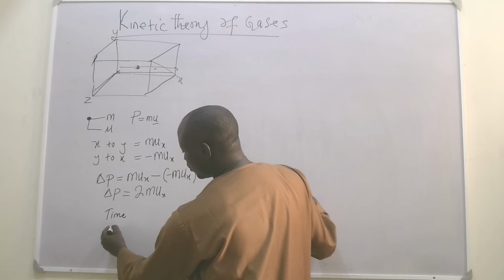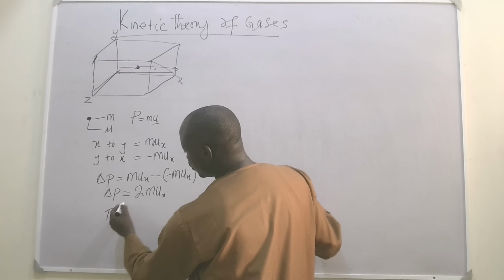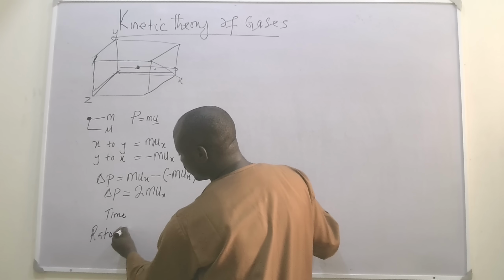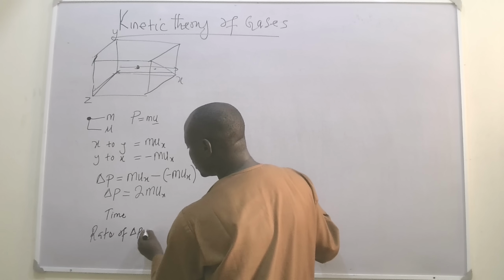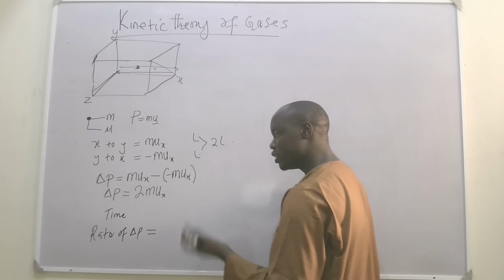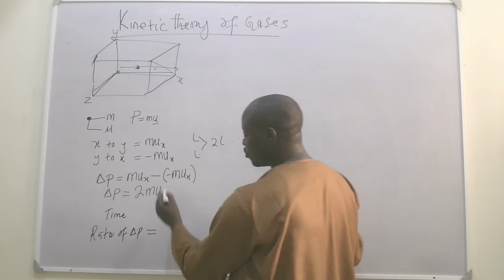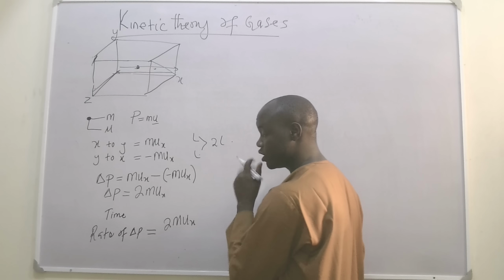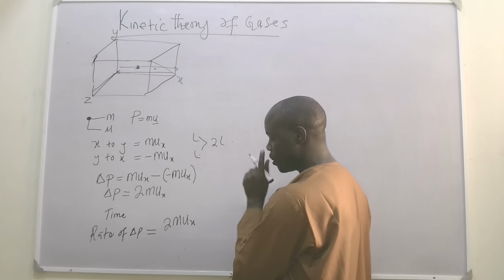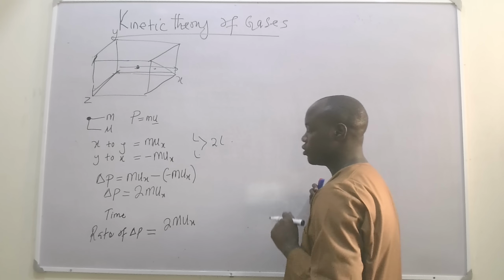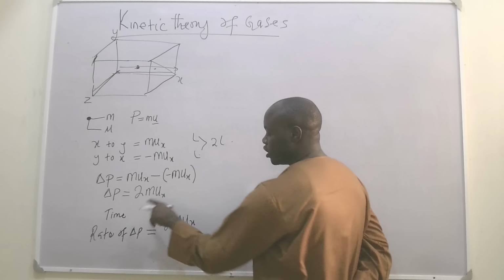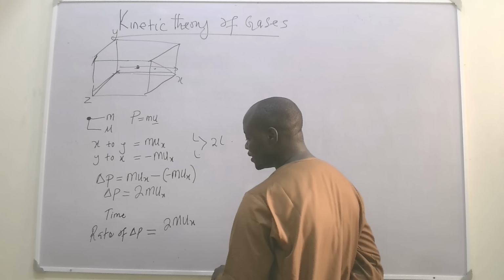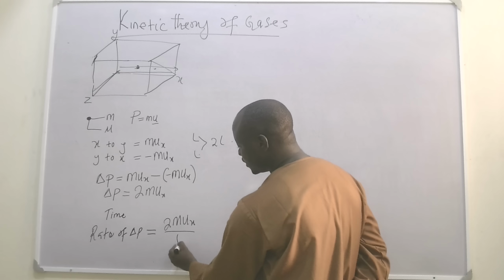When we say the rate of change of momentum, it means over time. So we have 2mu_x, divided by time.